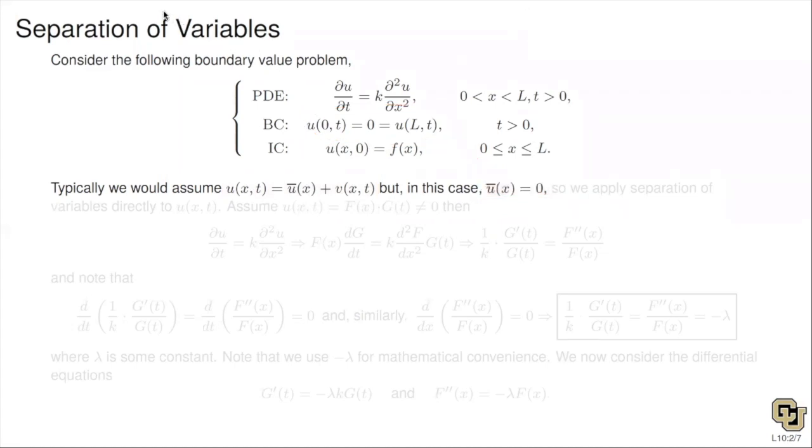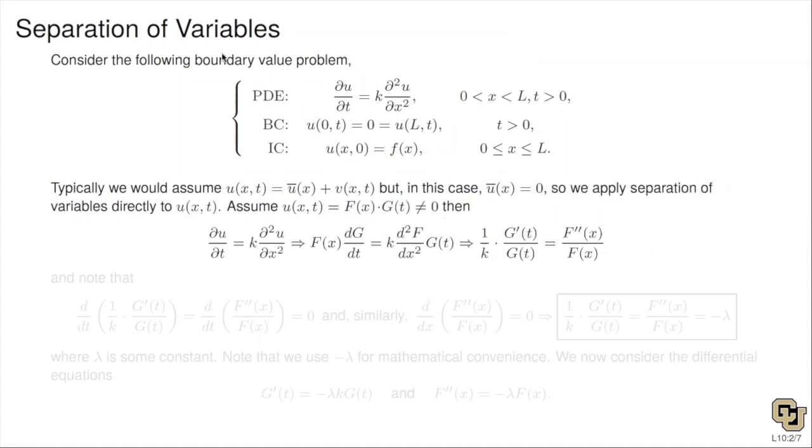In this case, because the steady state solution is trivial, we can apply separation of variables directly to U of x,t. If the steady state solution were not trivial, then instead we would apply separation of variables to V of x,t. I will talk about that today.